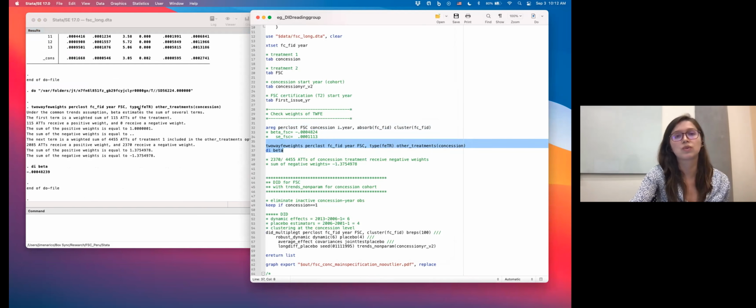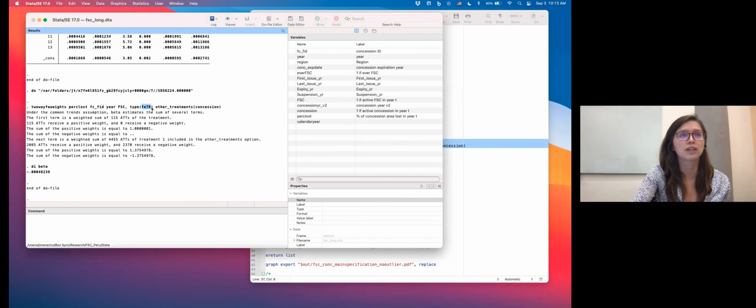We're going to include this option of fetr for fixed effects under common trends assumption. If you're running, I don't know, a first difference regression, you can include another option. And we are going to include the concession dummy here in other treatments.